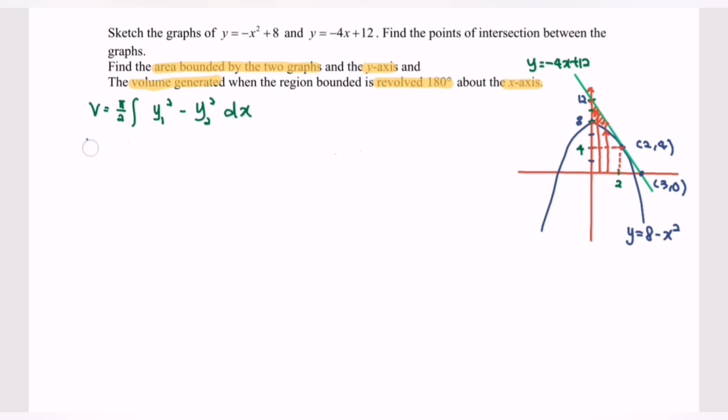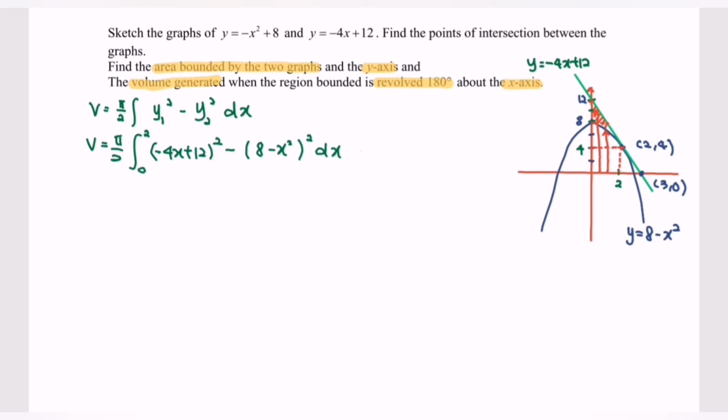So for this case, V equals pi over 2 integrate. The longest one will be the straight line, meaning that (negative 4x plus 12) squared, minus the shortest one, where we have the curve (8 minus x squared) squared, with respect to x, and the limits will be 0 to 2.